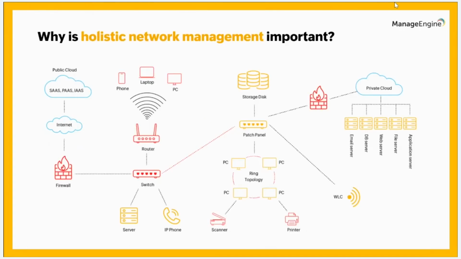So let's take a look at this simple network diagram. The modern day networks aren't as straightforward as before. Networks now involve a multitude of interconnected devices ranging from computers, servers, smartphones, IoT devices, and cloud services.